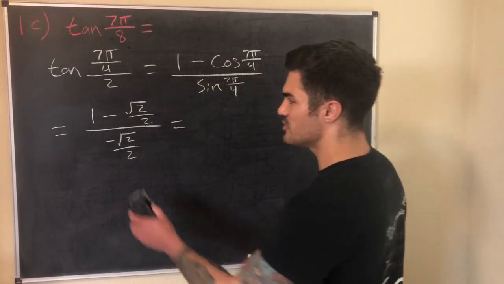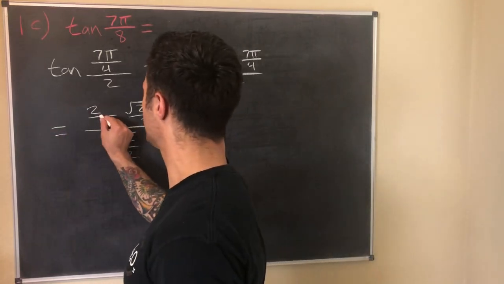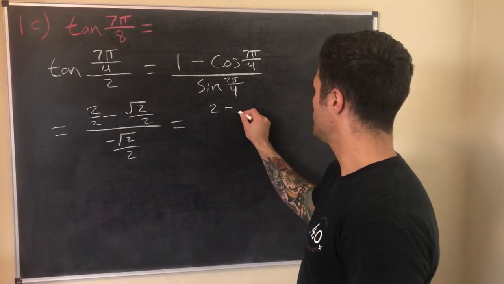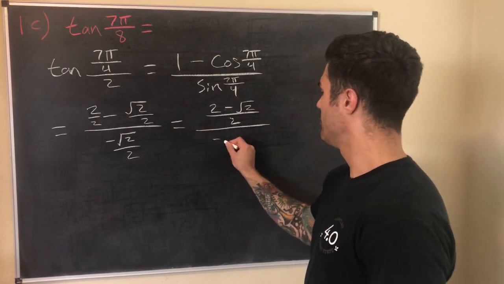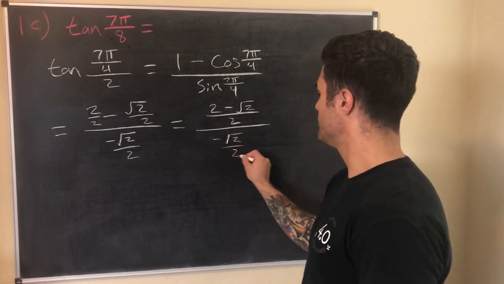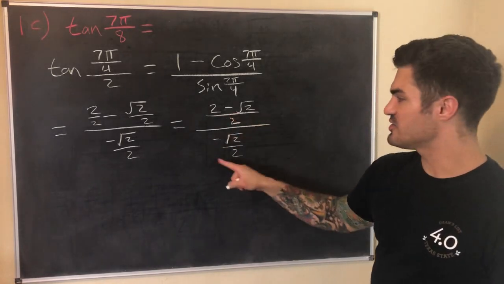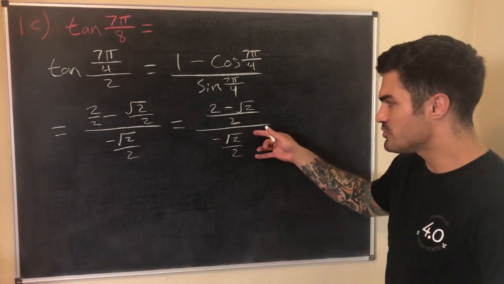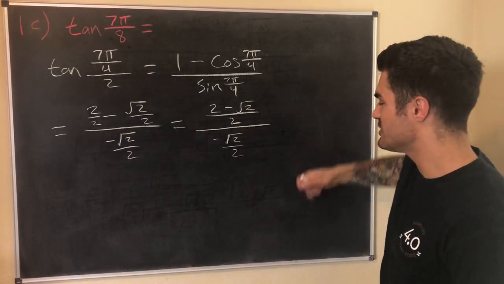Now I'm going to do pretty much a similar way of simplifying. I'm going to write this as 2 over 2. I'm going to combine those in the numerator. Let's see, that's 2 minus root 2 over 2 over negative root 2 over 2. And now when I end up flipping the bottom and multiplying across, these 2's will cancel out pretty nicely, right? So I can think of it as multiplying by the reciprocal of the denominator over itself.